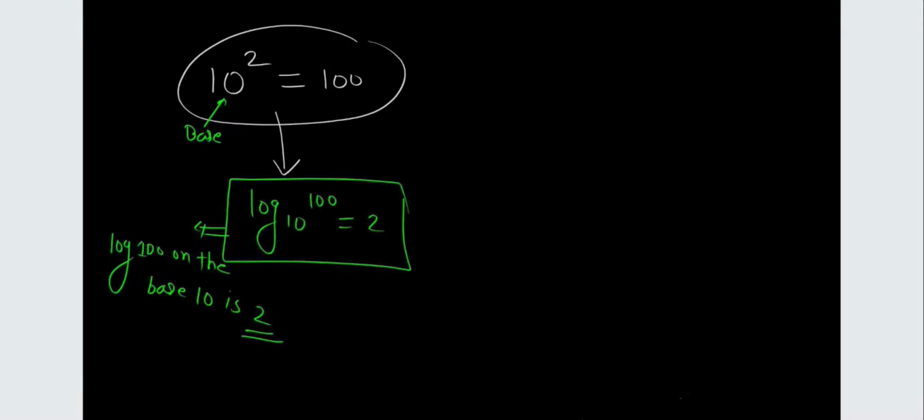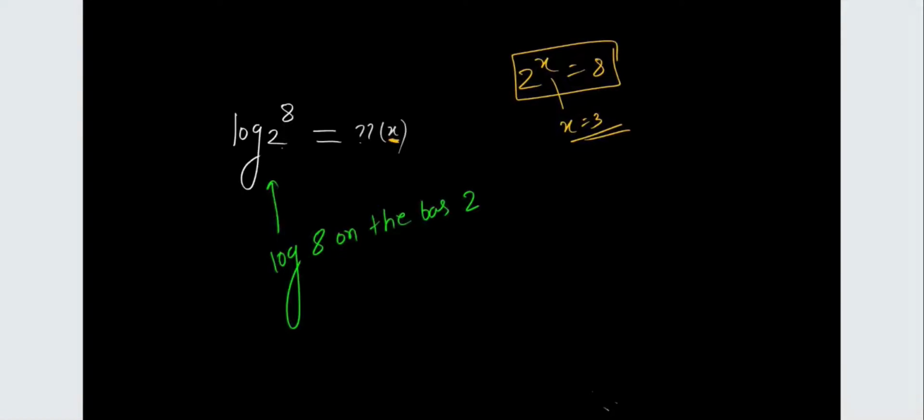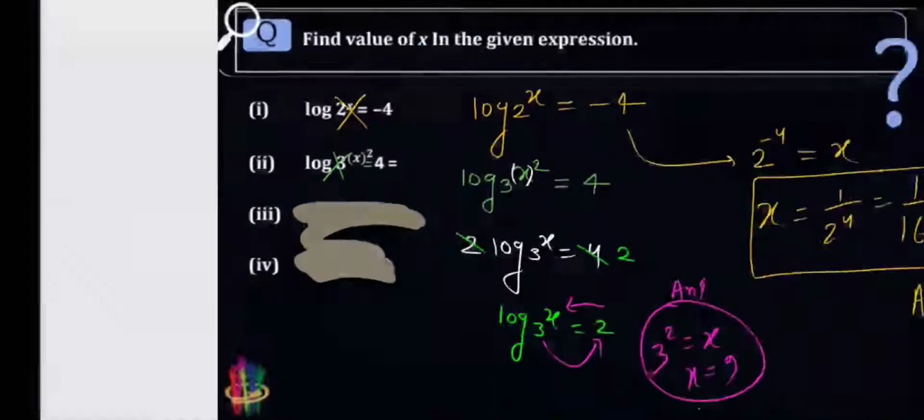In the same way, 10 is the base, 2 is the power, 100 is the result. Now we interchange 100 and 2, so log 100 on the base 10 equals 2. Similarly, log 8 on the base 2 equals 3, because 2 to the power 3 equals 8.